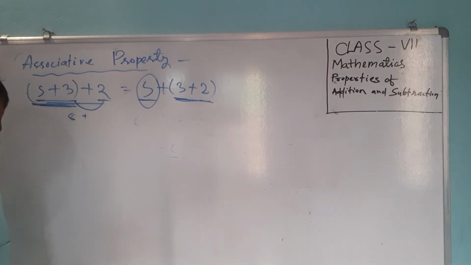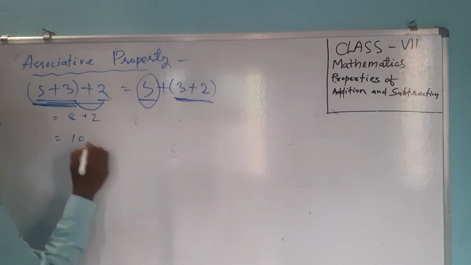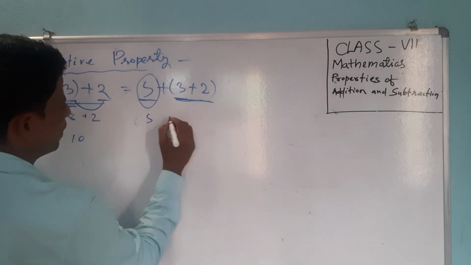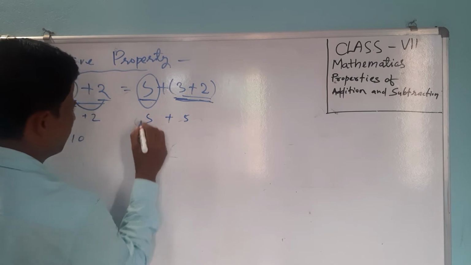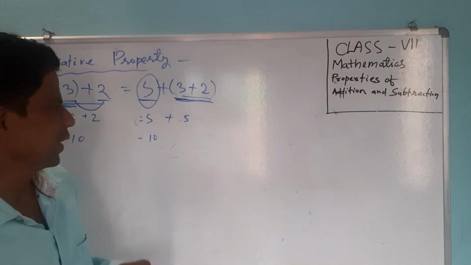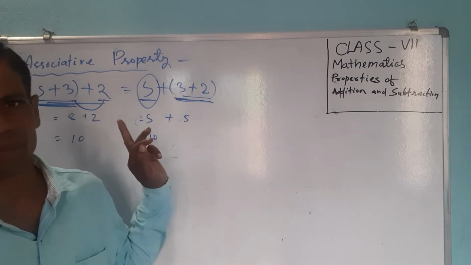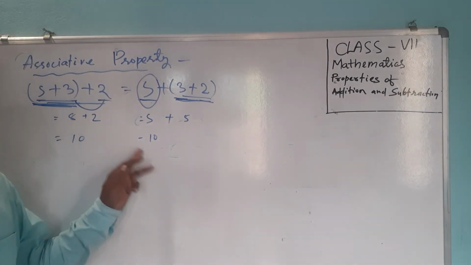In both cases I got the answer, that is 10. How? Here 5 plus 5 is equal to 10. So in this case we also got the same answer.